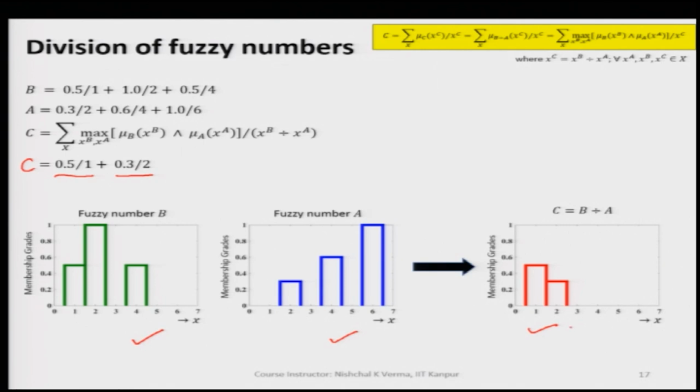And when we have plotted this, we see that we are getting this as a result, which is not a normal discrete fuzzy set. So, we can say that this C is not a fuzzy number here, because the normality condition is not satisfied.